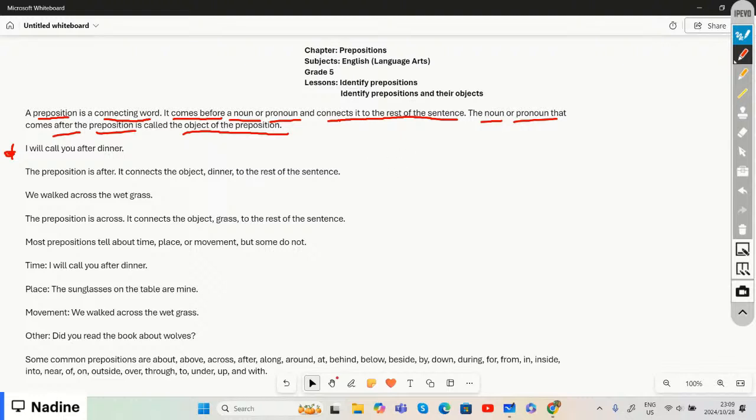It is a connecting word, but it just connects the noun. The word that comes before the noun is the preposition, and it connects that noun to the rest of the sentence.